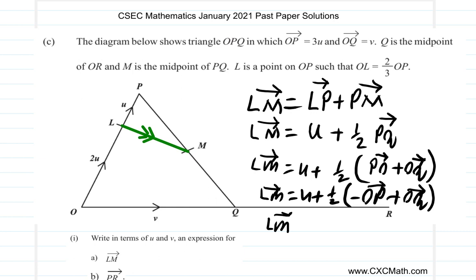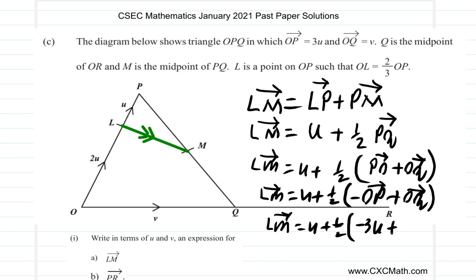So LM equals U plus half of what? Negative OP. Remember, OP is 3U. You have it up here. So negative OP is negative 3U. You can see here that OP is going this way, it's 3U. So PO is the opposite direction, which is negative OP. Alright? So it's negative 3U.